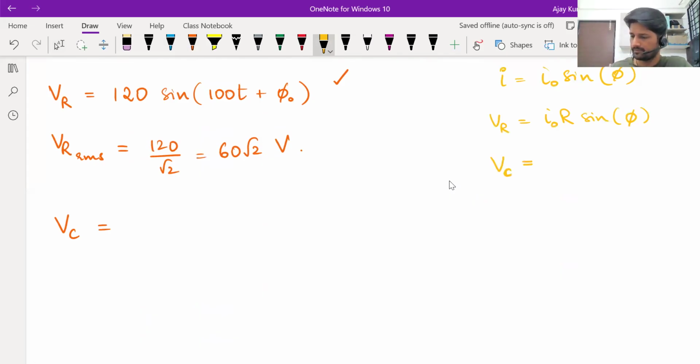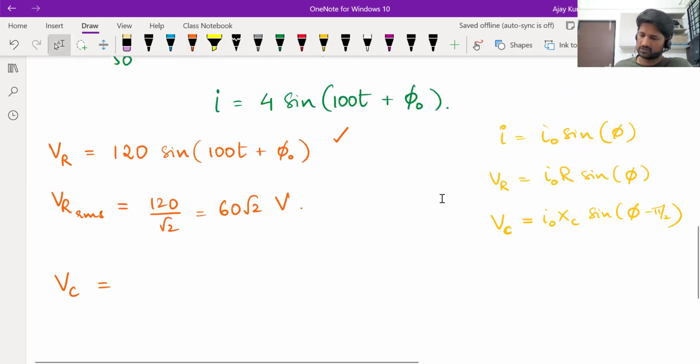I naught XC sine phi minus pi by 2, because it lags by pi by 2. Correct. Capacitor will try to make the current lead, meaning the voltage lag, so you'll do minus pi by 2. So apply that and tell me the expression for voltage across the capacitor here. You can see the current function.